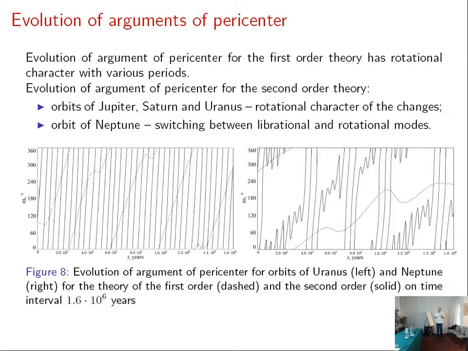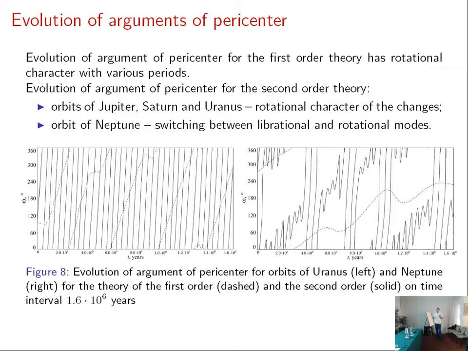Evolution of argument of pericenter for the second order theory has two different modes. Orbits of Jupiter, Saturn and Uranus have rotational character of the change of argument of pericenter, but orbit of Neptune has two switching modes, librational and rotational.